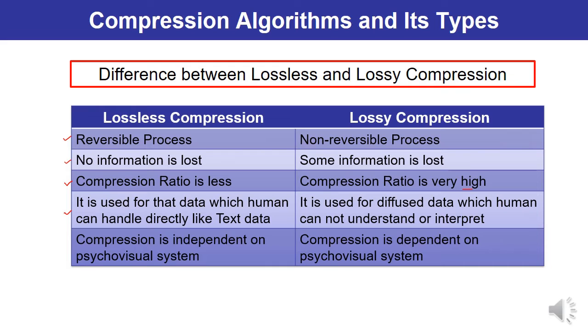But lossy compression is used for diffuse data, which is not understood by humans very quickly, or humans cannot interpret it accurately. Lossless compression is independent of the psychovisual system, while lossy compression is dependent on the psychovisual system. So these are all the important points. Based on this, you can differentiate lossless and lossy compression.